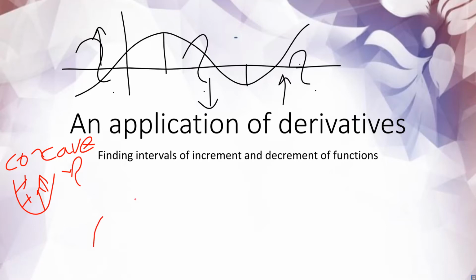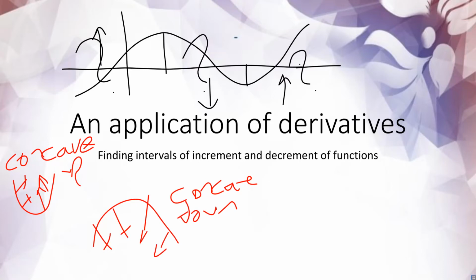Or anything that looks like this is called concave down, because it is looking downwards. So for example, when you look at this graph, this f(x), whatever it is, here I see a function that looks upwards.